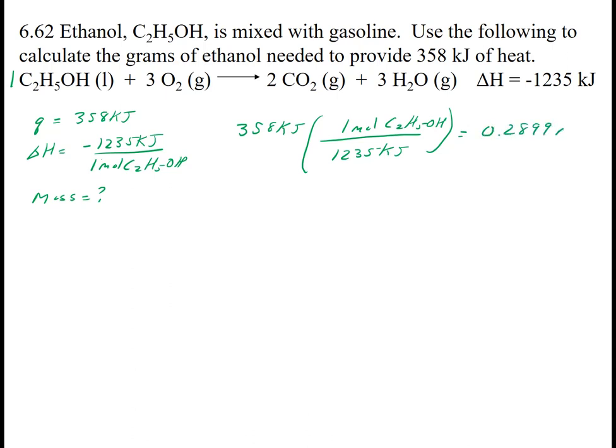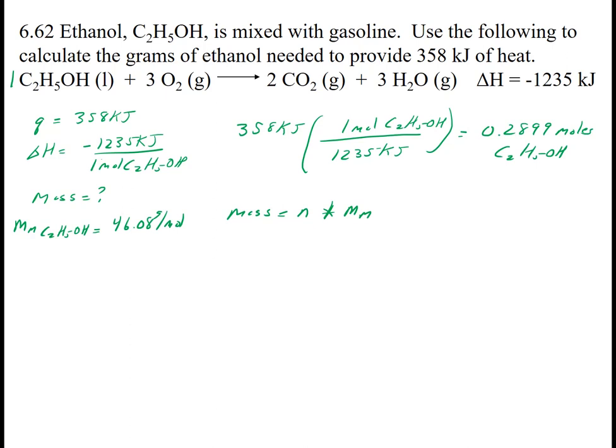And when I do that, I get 0.2899 moles of C2H5OH. And then to go from moles to mass of something, the mass is simply the moles times the molar mass. So the molar mass of C2H5OH is 46.08 grams per mole.